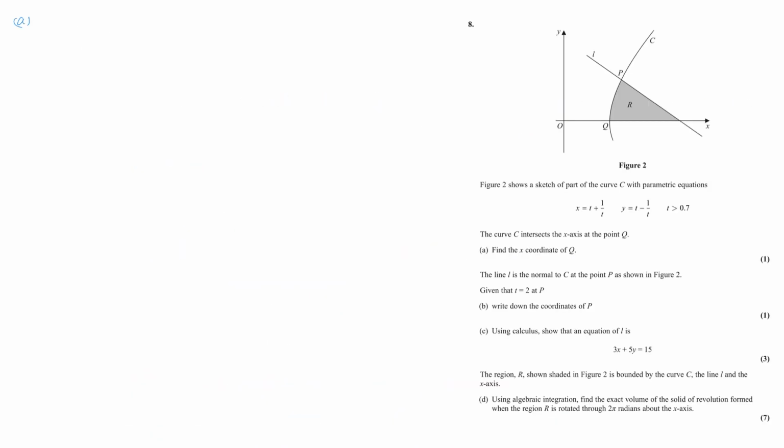Okay, final question. Parametric equations. Nice. So find the x coordinate of Q. So Q there, the y coordinate is 0. So 0 equals t minus 1 over t.